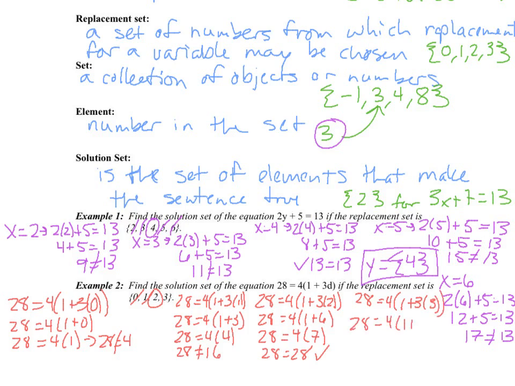Three times 3 is 9. 1 plus 9 is 10. So 4 times 10 is 40. And that is not in my set. So the only answer I have is 2. Okay? Have fun.